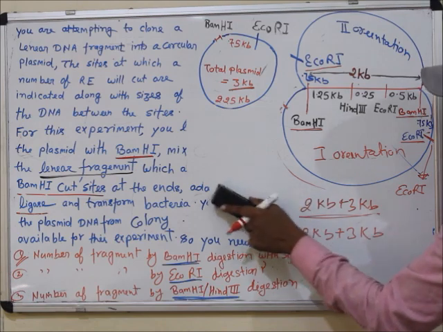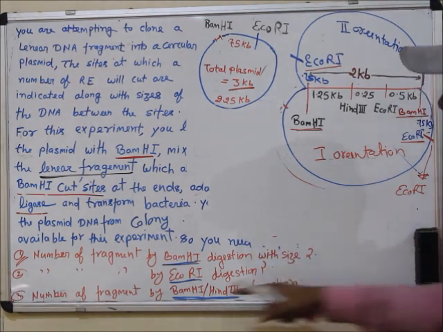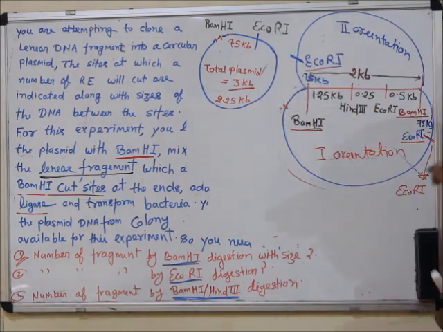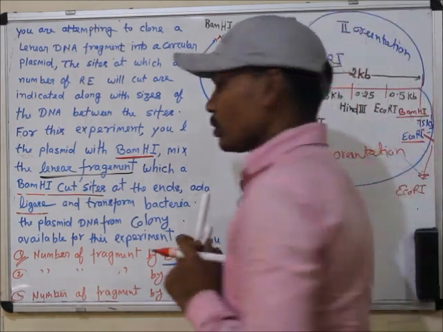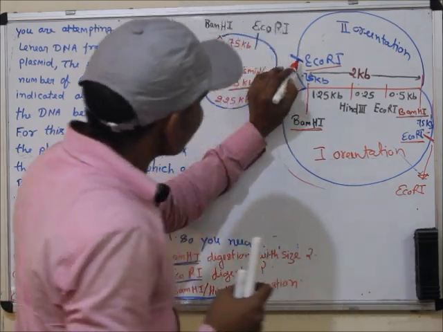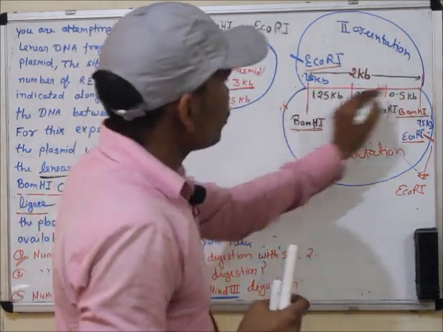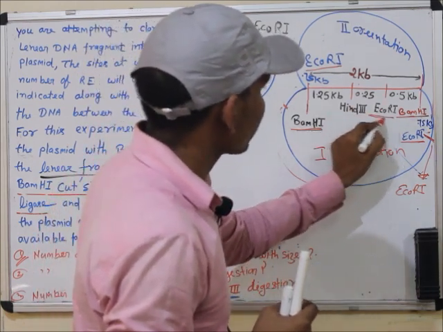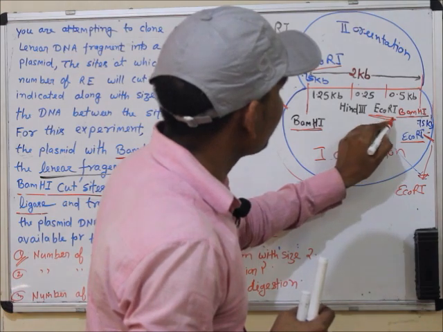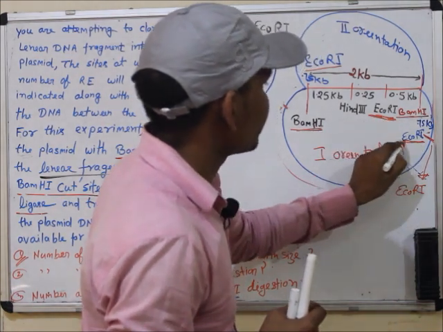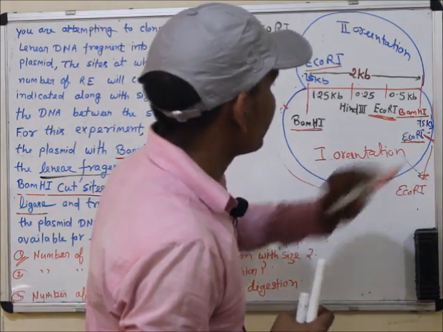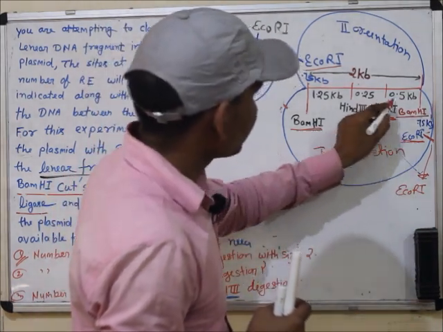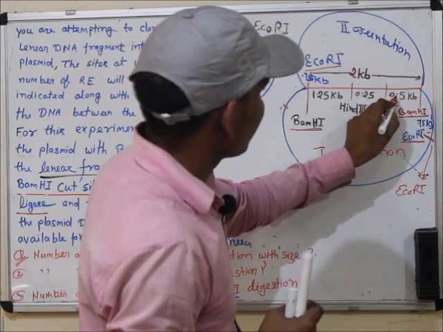Come to the second question. By EcoRI digestion, this is also complex for you. EcoRI: if in this orientation we take EcoRI, there are two sites for EcoRI. Here is 0.75 kb, and here is 0.5 kb.